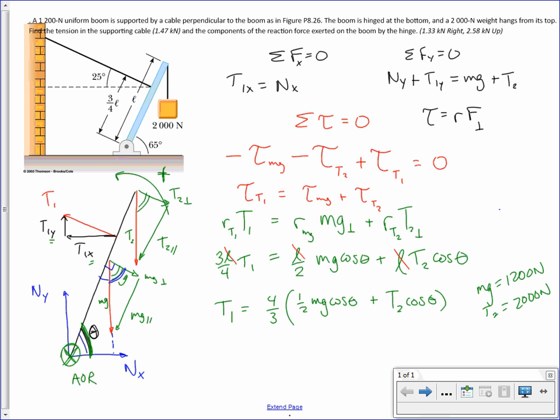So yep, 1.47 kilonewtons. Why in kilonewtons? Because someone felt like it.